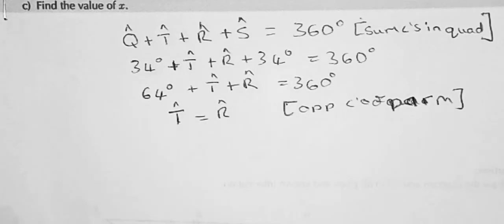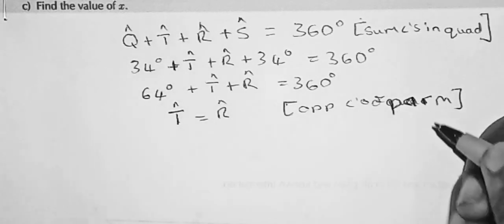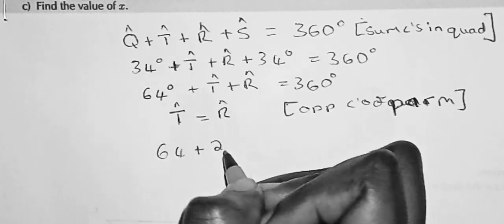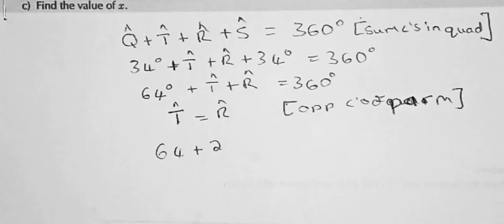And then you have written your reason, and you say 68 plus 2R or 2T, it's up to you.